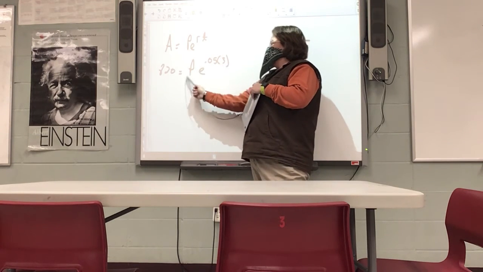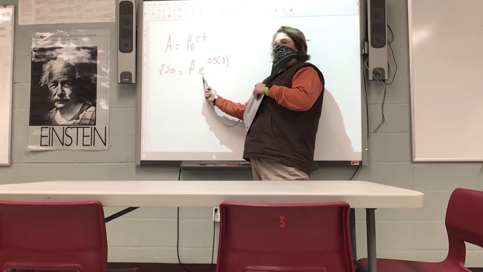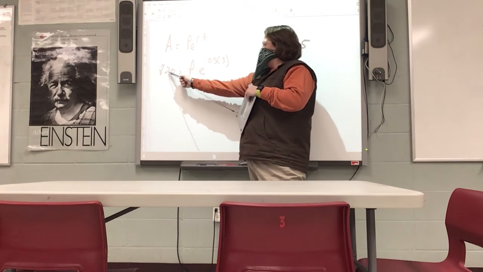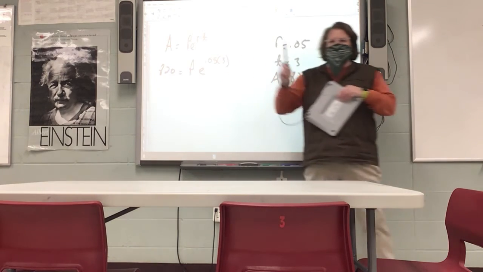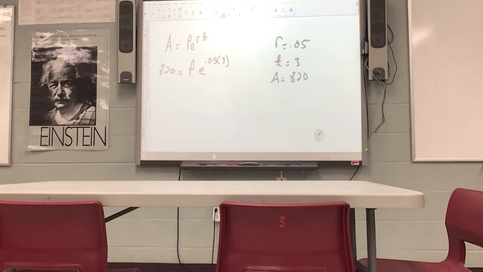That's gonna be being multiplied by P, so you gotta undo that and divide by it. So 820 divided by whatever this is. Okay? I got like about 1.16, just so you get a ballpark of what's happening.